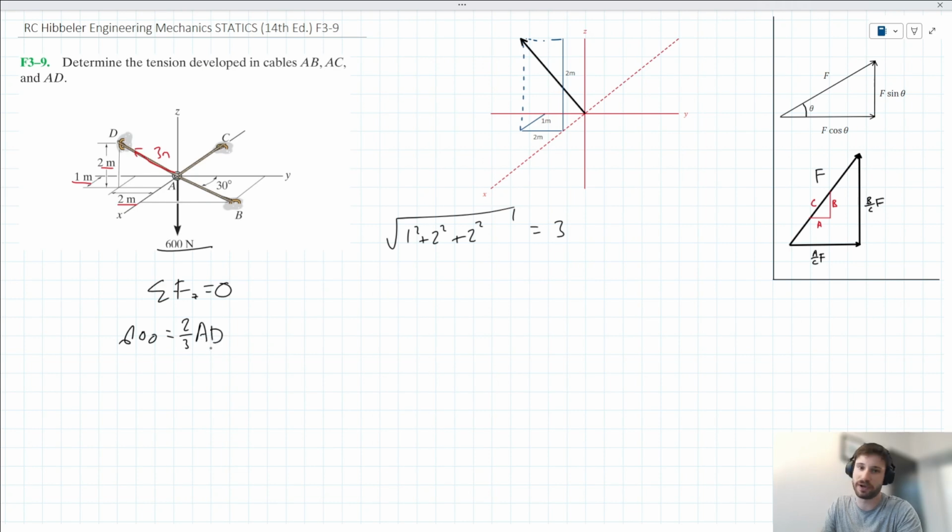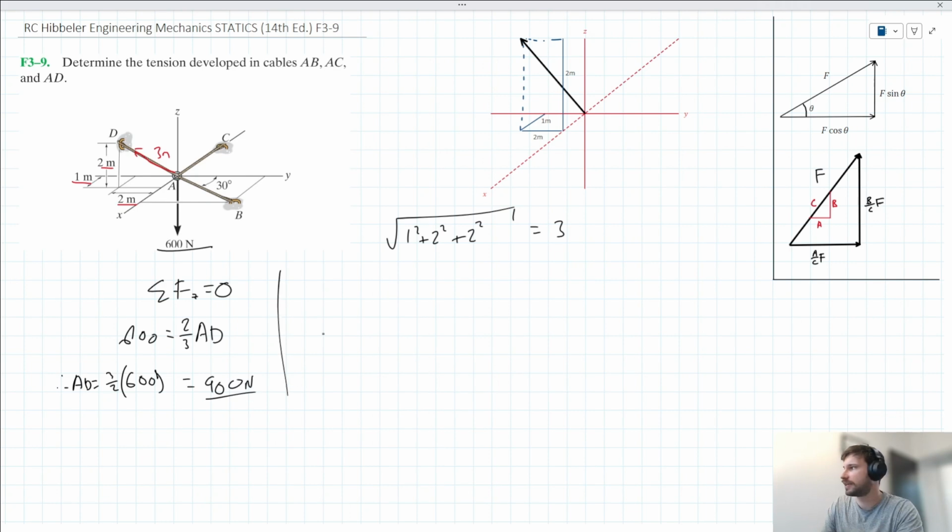Evidently, AD is solvable here. We can divide by 2/3 or multiply by 3/2, same thing. Therefore, AD is equal to 3/2 of 600, and by inspection, that is 900 newtons.